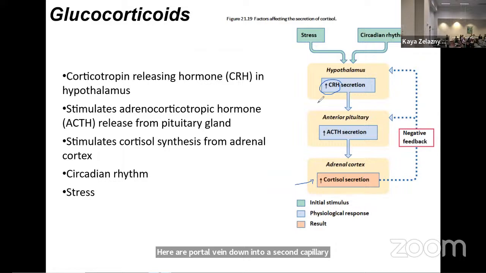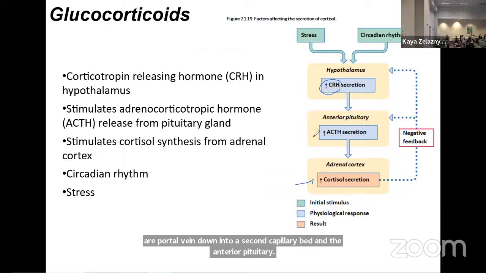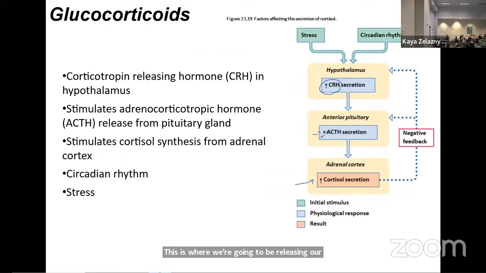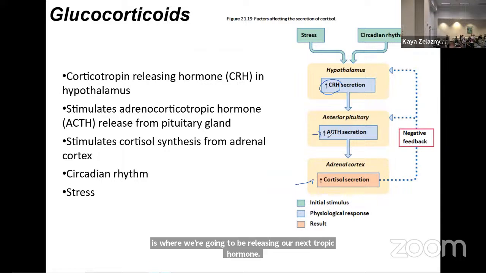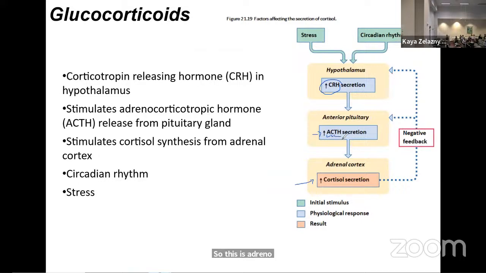This is where we're going to be releasing our next tropic hormone, ACTH. So this is adrenocorticotropic hormone, right? So it's also a tropic hormone because it's going to go to a third hormone, its release. So that's the one coming from the anterior pituitary gland.